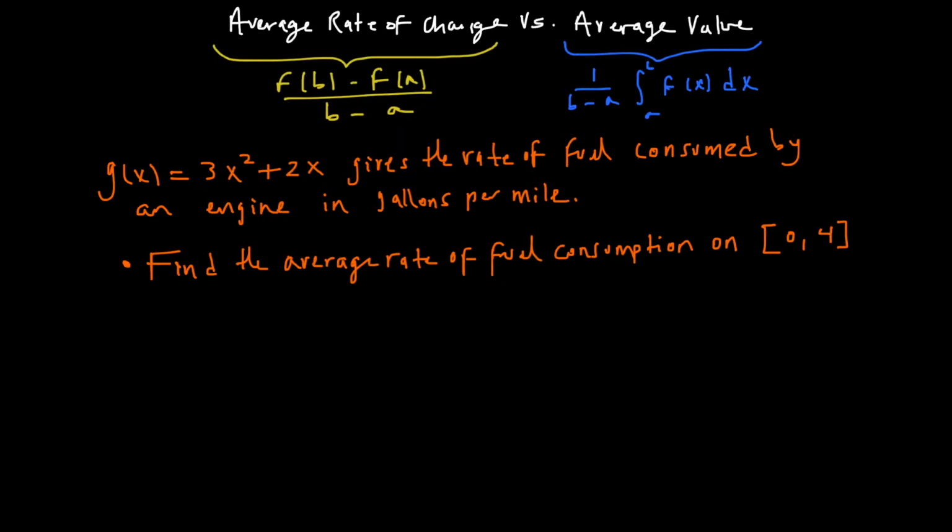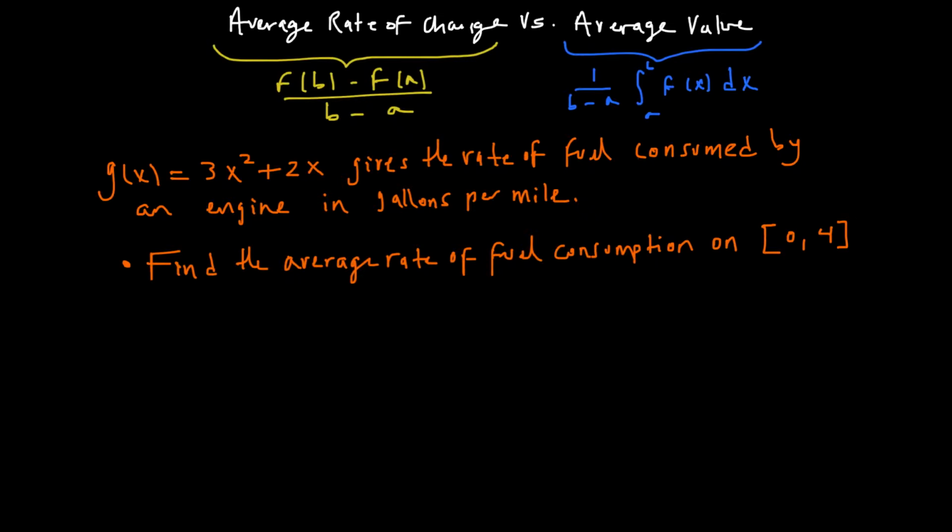But what you have to keep in mind is that they're usually not going to say the word value, even if it's an average value type question. What you need to remember is, okay, hold on. g of x is measured in gallons per minute. That means that g of x is a rate function. They even told you so.